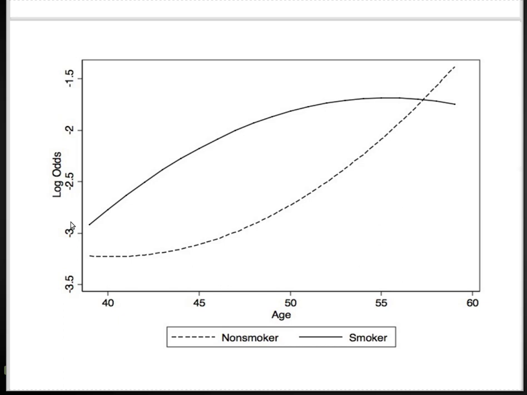It would appear that the implication for smoking status depends on age; this vertical distance between these two curves appears to be most important for the intermediate ages, not for the younger ones in the study, and perhaps not for the older ones in the study.